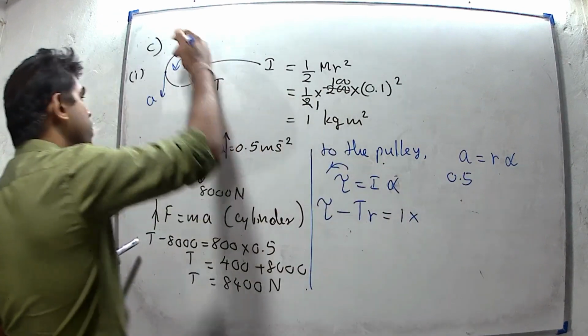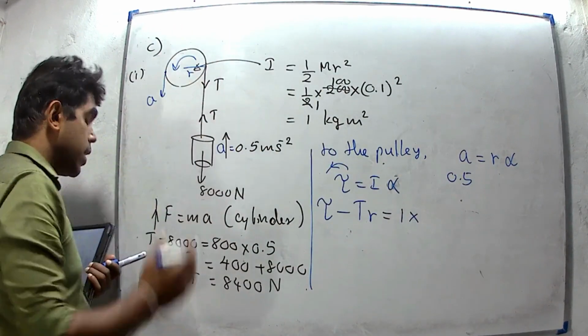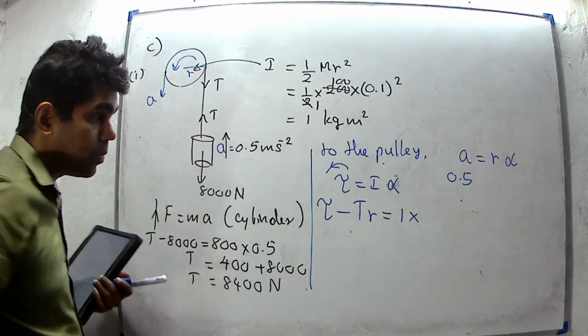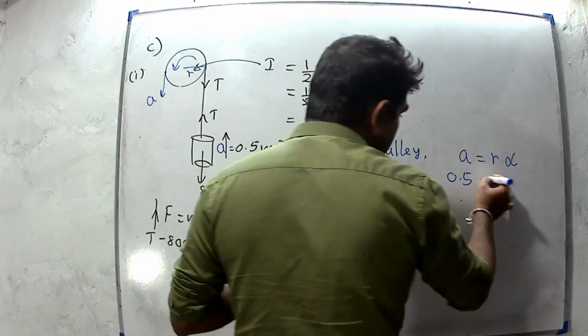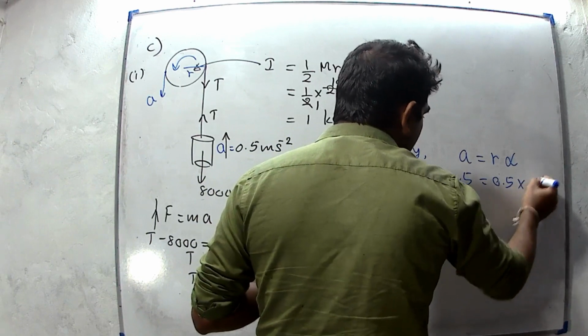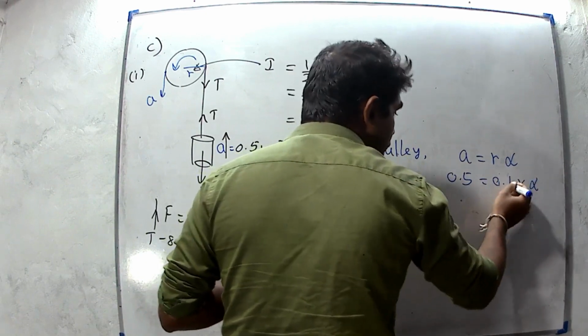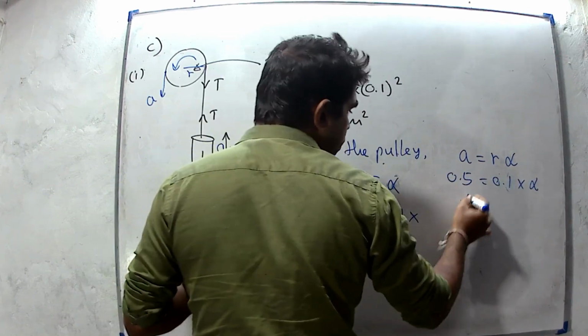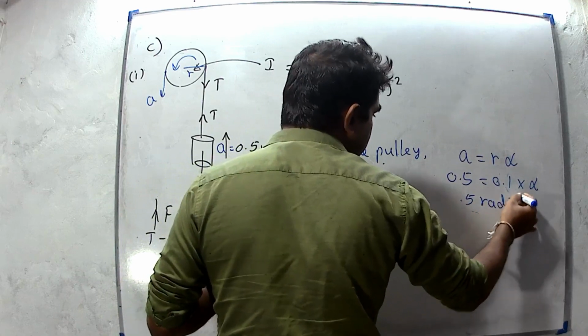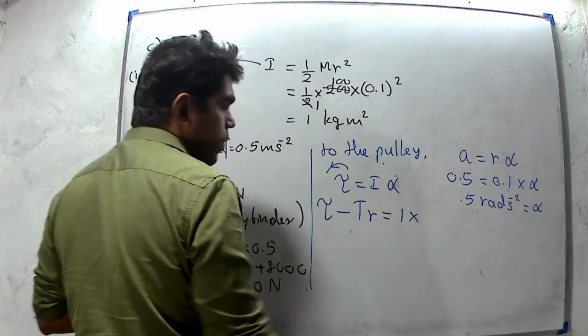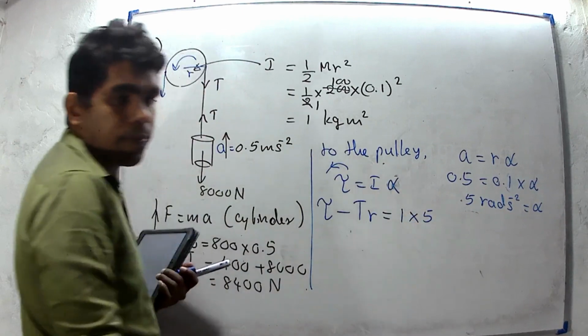The tangential acceleration of the pulley equals the linear acceleration of this cylinder, which equals radius 0.1 into alpha, 0.5. Then 5 radians per second squared is the alpha value. We can substitute it into this place.